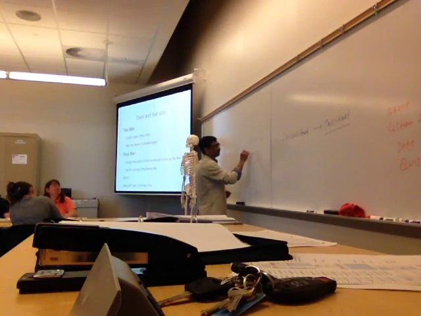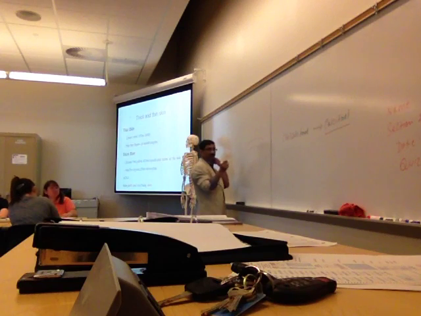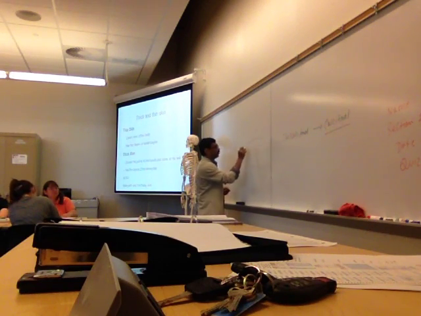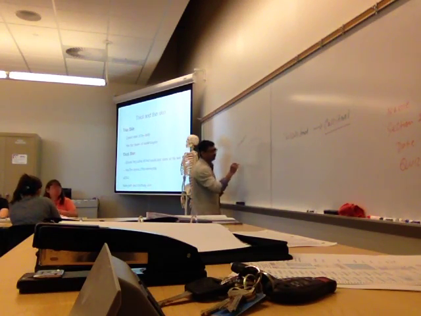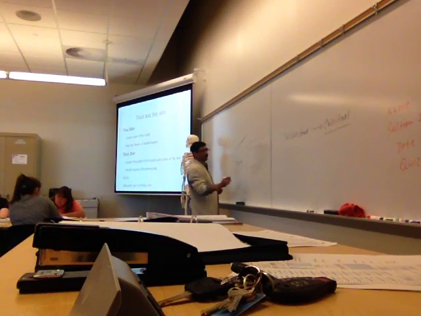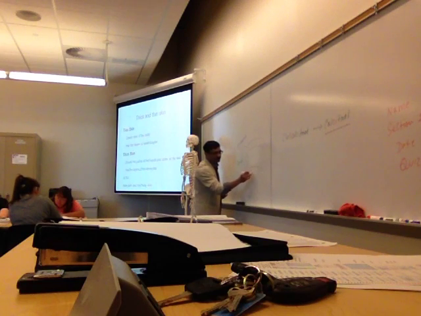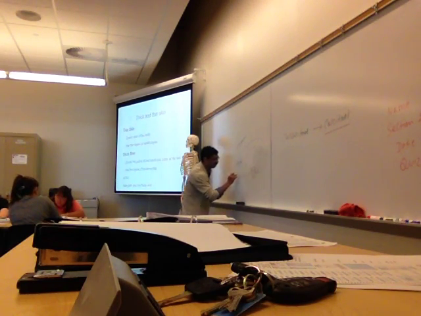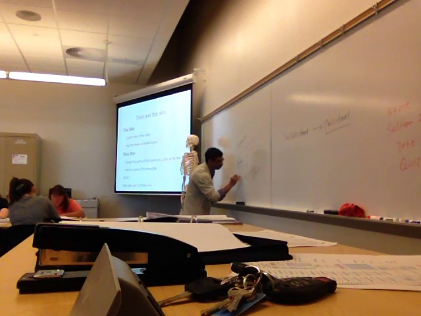So let's first see. You have seen the structure of the skin in the lab. Skin has epidermis, then dermis, and then under the dermis, you remember a lot of fats, adipose tissue. That is hypodermis.